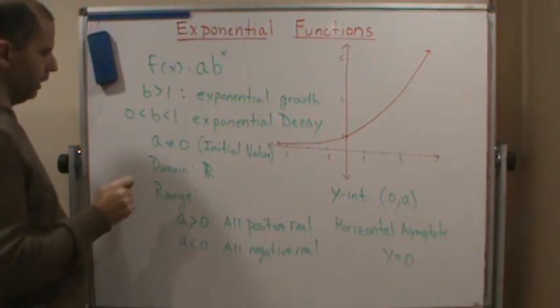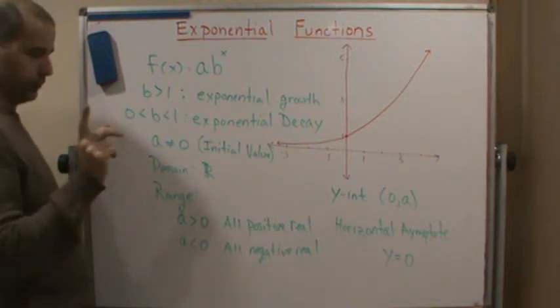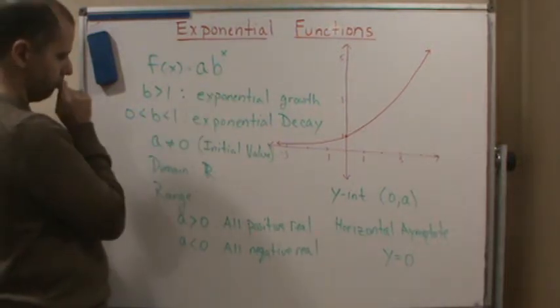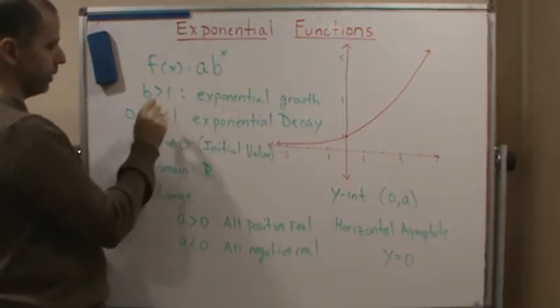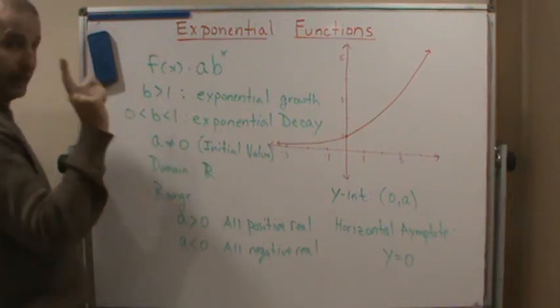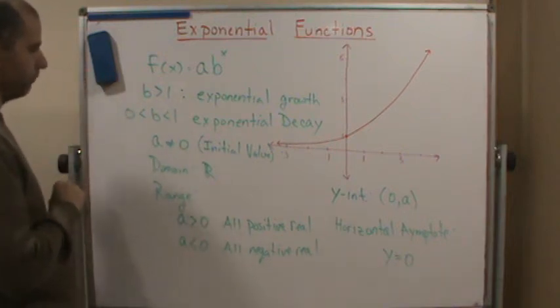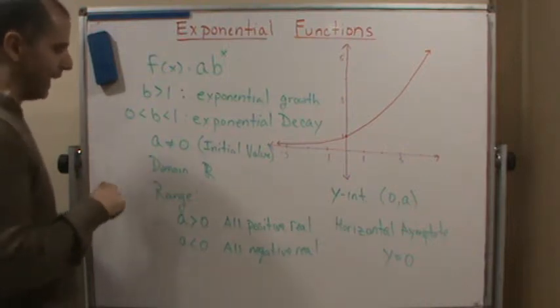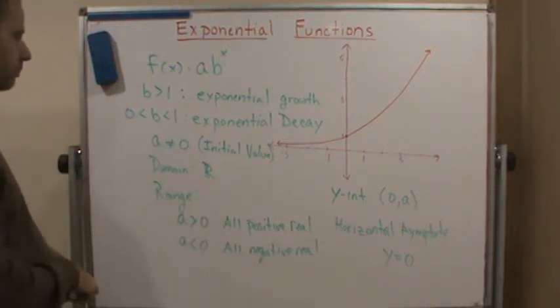I misspoke if I said not equal to 0. b can't be 0, and b can't be 1 either, for the same reason, we won't have an exponential function. So b can't be 1 or 0.